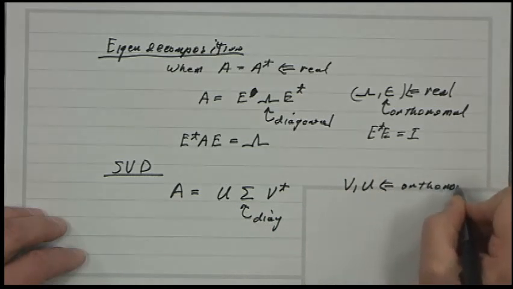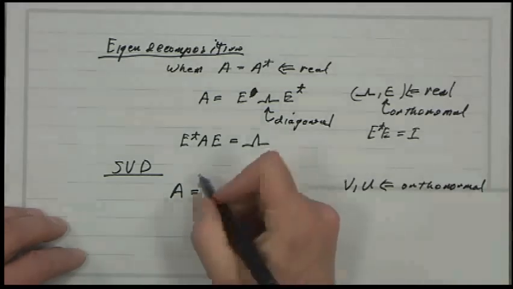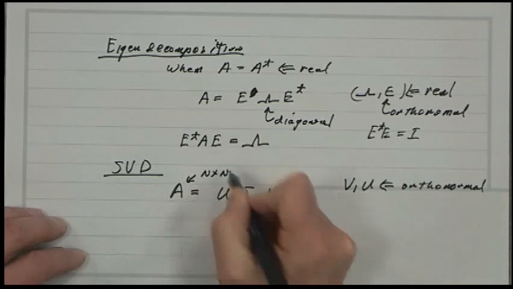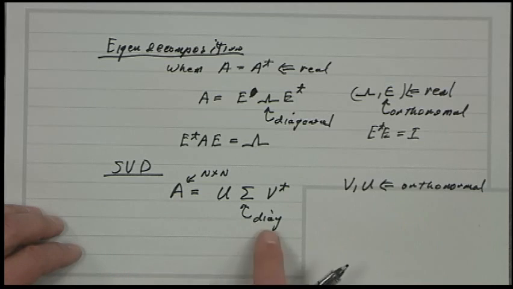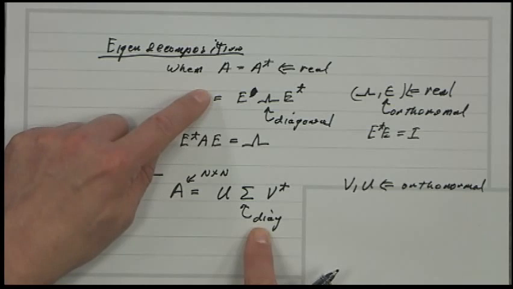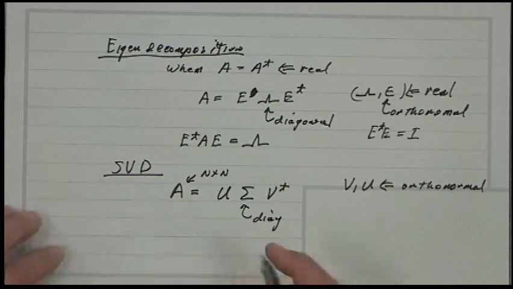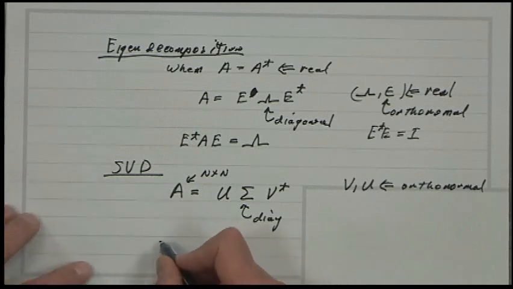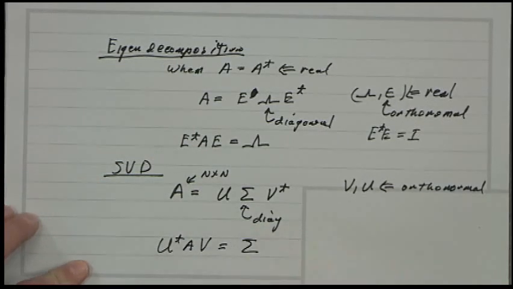Just for simplicity, let's assume that A is square, so it's n by n, but not symmetric. Of course, if A is symmetric, then the singular value decomposition and eigenvalue decomposition correspond to the same thing. And then A can be diagonalized by taking U transpose A V equal to sigma.